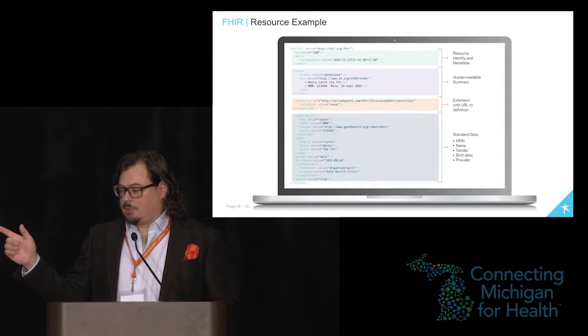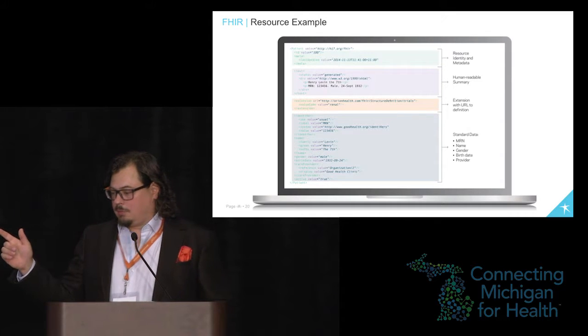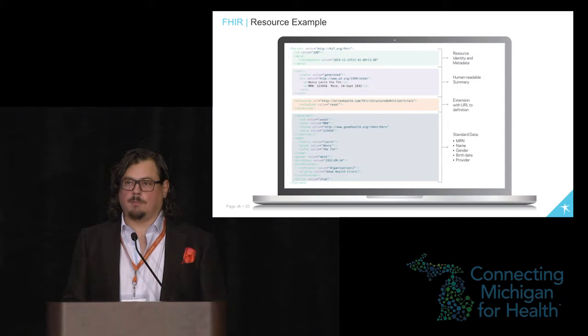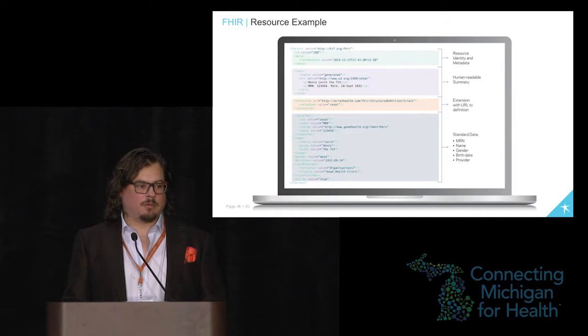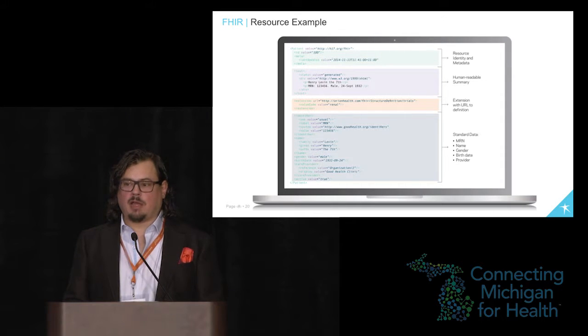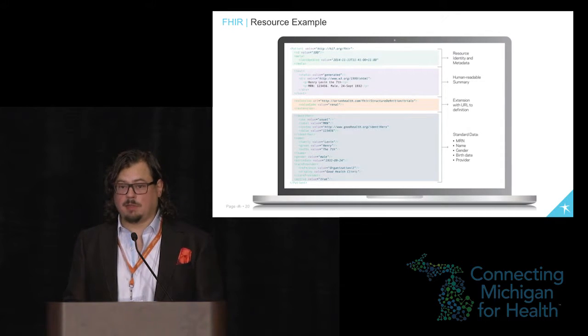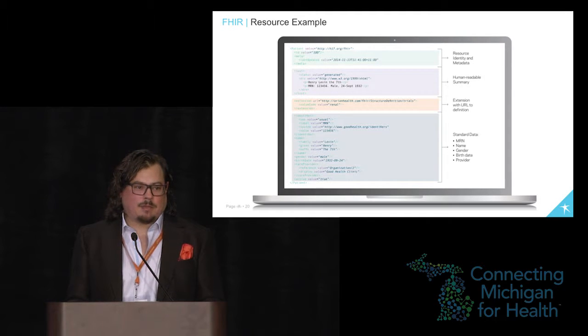The next section there is the extensions. Extensions are a prescribed way of adding additional information. If you look back to things like V2, we had Z segments, and Z segments were hard to understand. You didn't know what was in them necessarily unless you went and asked somebody.